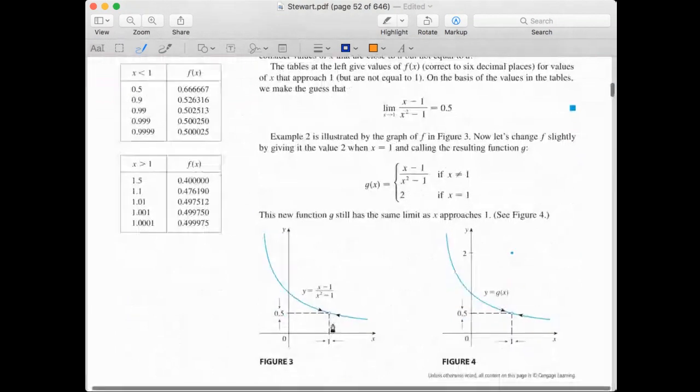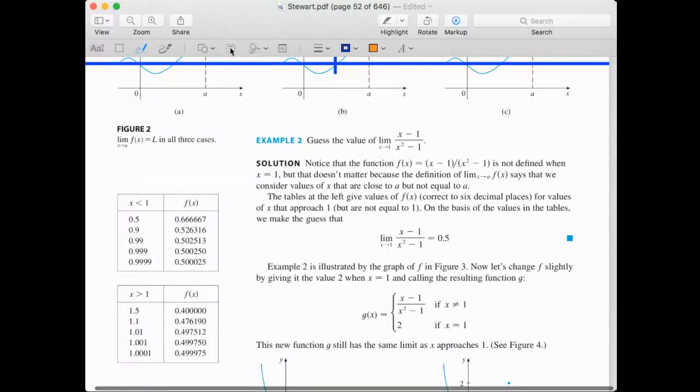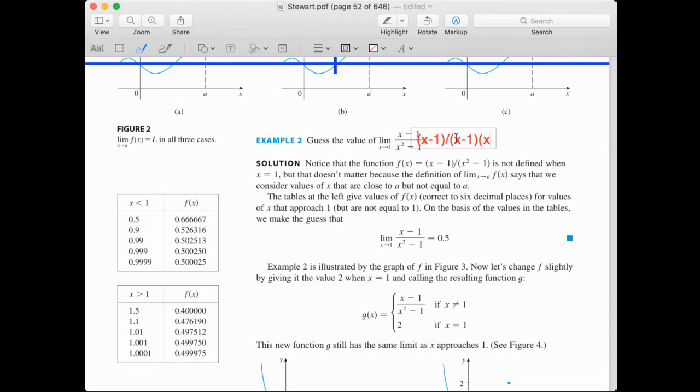Now let's see this one. x squared minus 1, the denominator is x squared minus 1, but then we can simplify. We simplify, that's right here. So we can rewrite this function as x minus 1 divided by x minus 1 times x plus 1. So we factor the denominator.